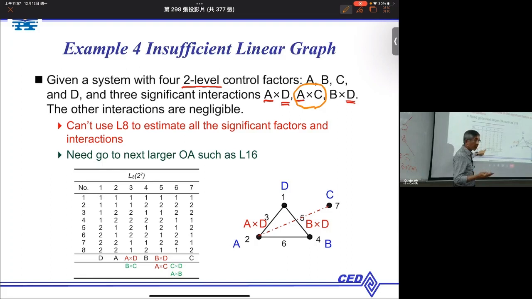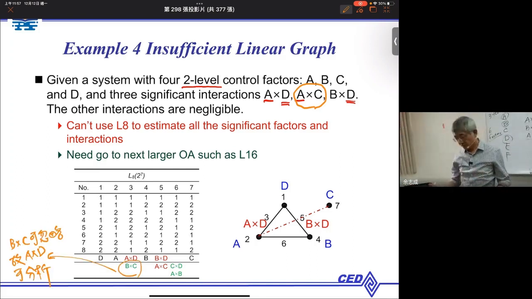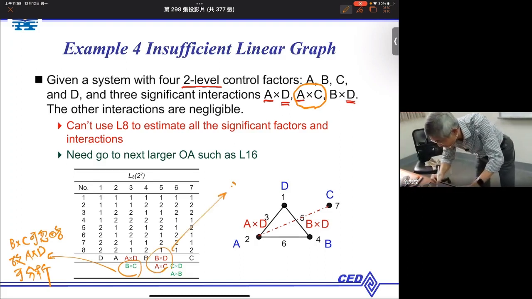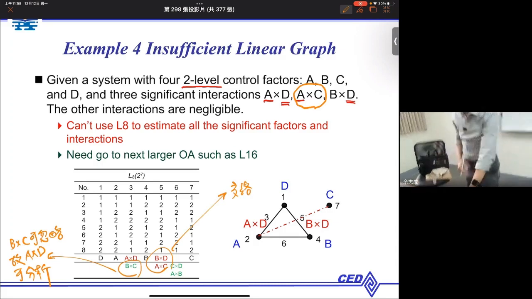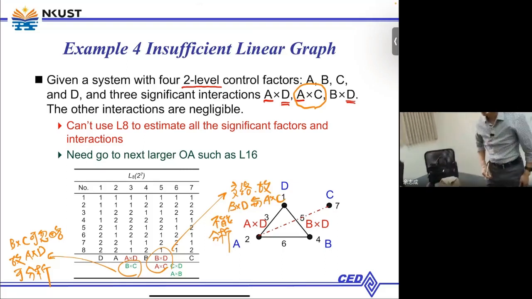AD can be analyzed, although it is confounded with BC, but BC is negligible. But BD and AC confound with each other in this arrangement. Therefore, we cannot separate interaction BD and interaction AC, which means that these two interactions cannot be analyzed.